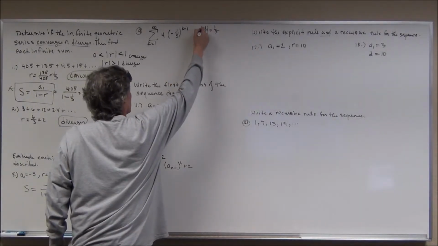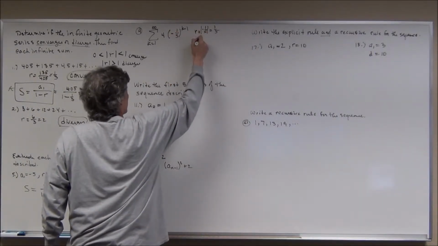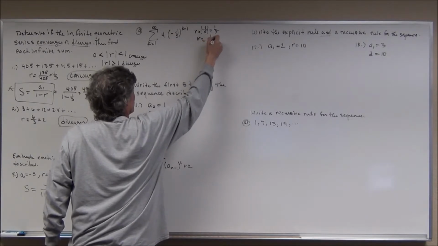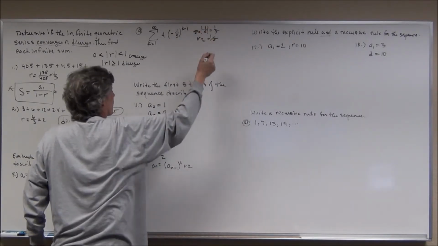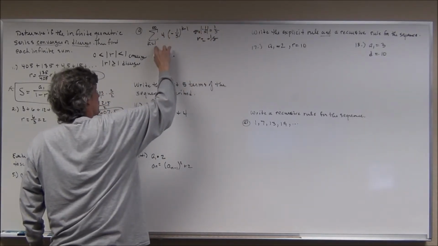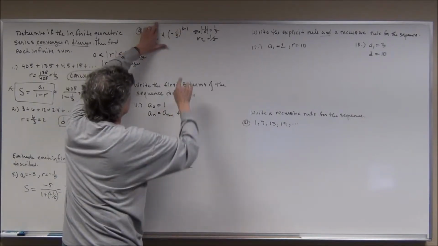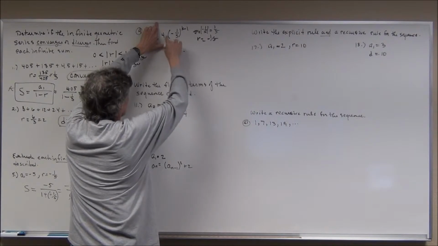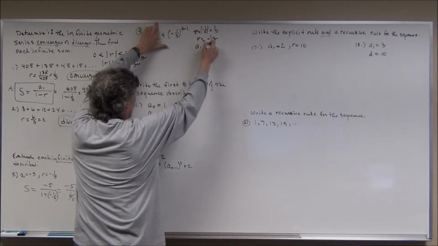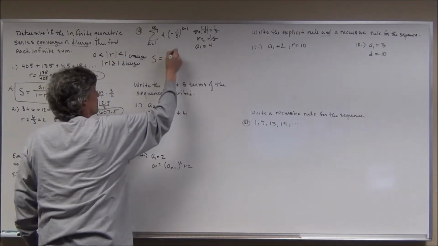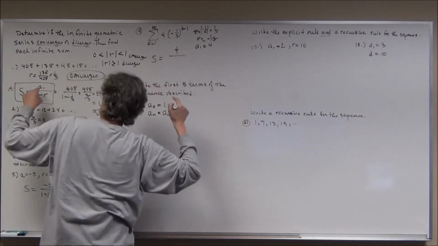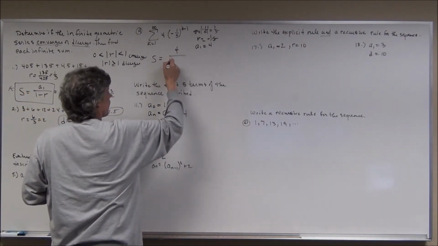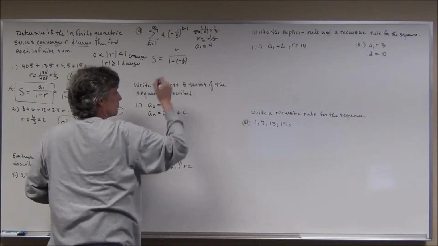I got r, well, actually, I got r is equal to negative 1/5. Excuse me, this was the absolute value of r. I need the first term, so if I plug 1 into here, 1 minus 1 is 0, so negative 1/5 to the 0 is 1, times 4 is 4, so a sub 1 is 4. So my sum is 4, the a sub 1, over 1 minus r, over 1 minus negative 1/5.